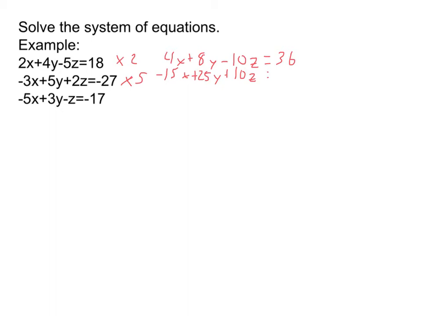27 times 5, let's see. 25 times 5 is 125 plus another 10, so that's negative 135. Okay.